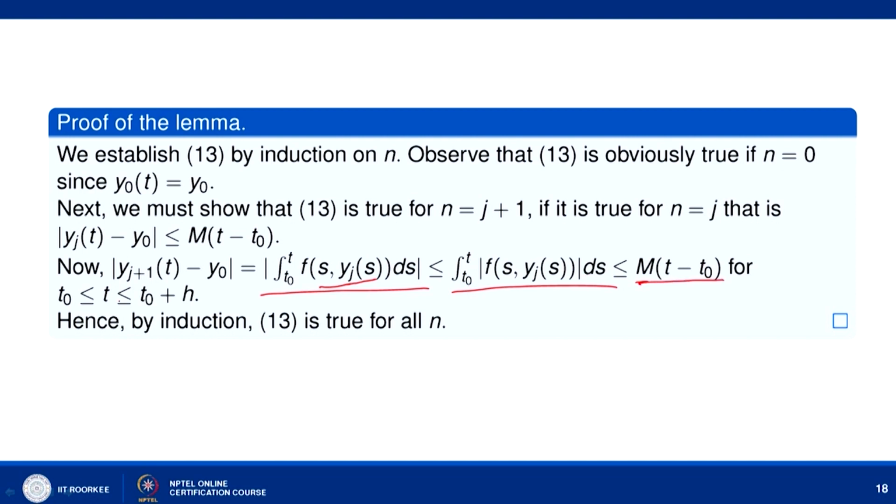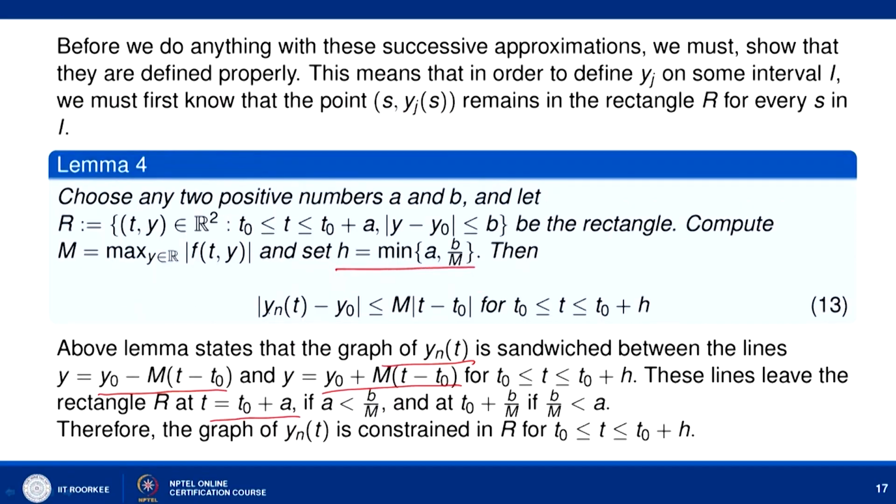So, modulus of y_{j+1}(t) minus y naught is less than or equal to M times modulus of t minus t naught for all t lying between t naught and t naught plus h, and hence by induction this is true for all n.